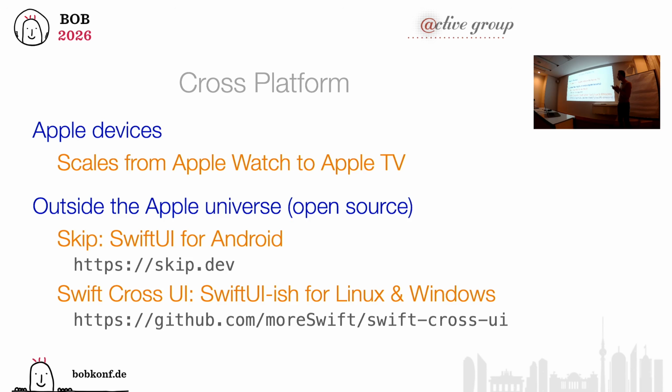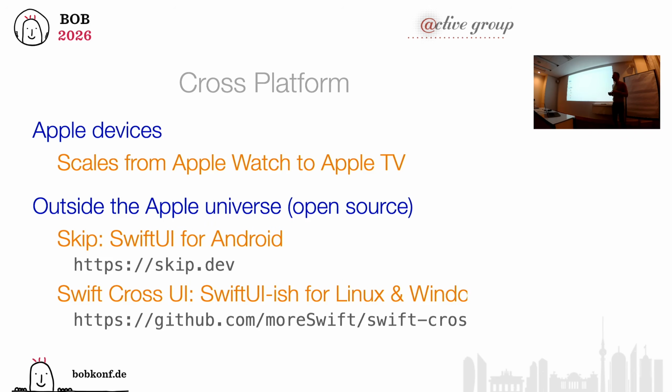Swift Cross UI actually covers also Linux and Windows. That's more of an in-development project, and also, of course, a lot harder. If you restrict yourself to two phones, there's a lot less variation, of course. But SwiftUI is really moving outside of the Apple ecosystem, and especially for this use case, I think that's what a lot of companies actually struggle with.